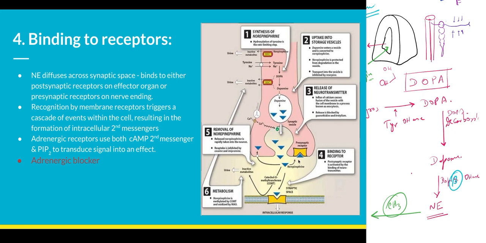Understood? In the presynaptic membrane, I'm getting tongue twisters, there is also this receptor for norepinephrine. So not necessarily that all of them 100% will bind to the postsynaptic part. Some might bind to the presynaptic part as well.